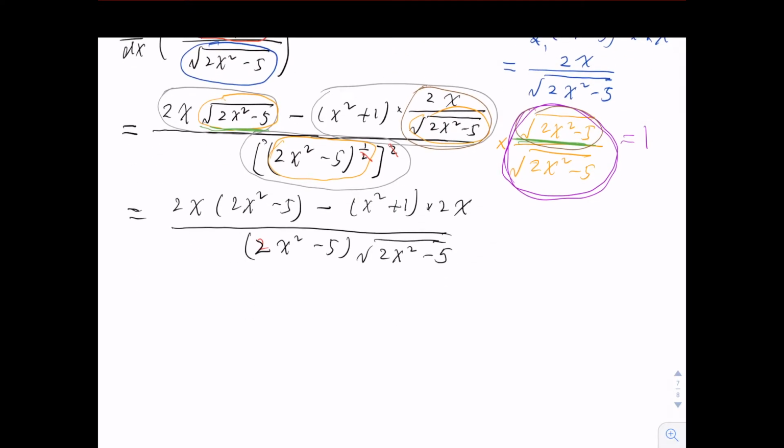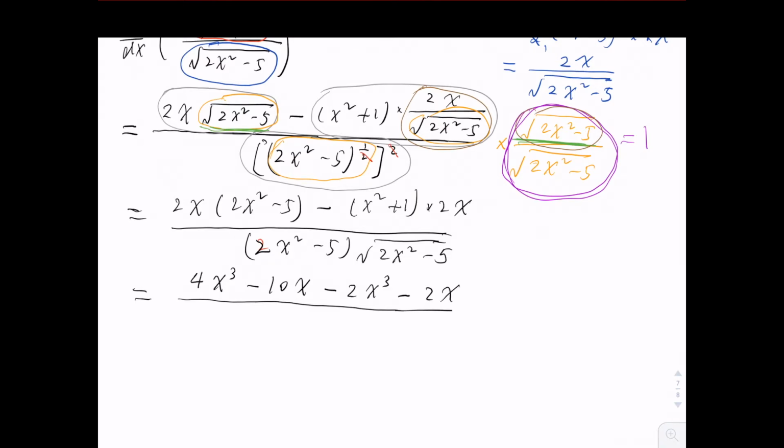Okay, so it's already pretty nice. Compared to the first one we made, a very big quotient rule, now it becomes so simple. The next step is just expanding your numerator to make it simpler. So 2x times 2x squared minus 5 gives us 4x cubed minus 10x. Good. And then the next one is negative 2x cubed. Don't forget it's minus 2x.